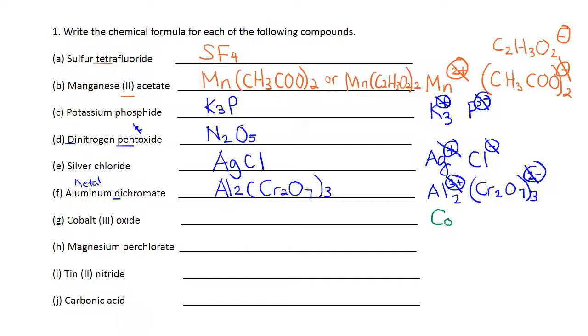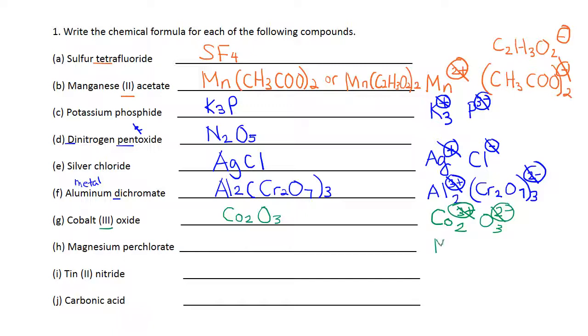So make sure it's lowercase, and then the Roman numeral tells you the charge, so I wrote +3, and then oxide should be -2. +3 and -2 doesn't sum to 0, so I need 2 here, 3 here. So cobalt 3 oxide is going to be written as Co2O3.